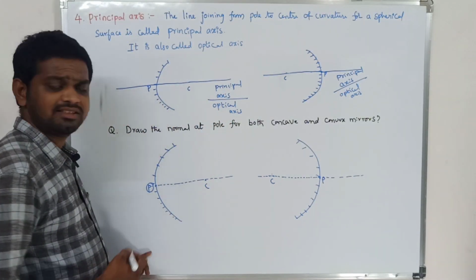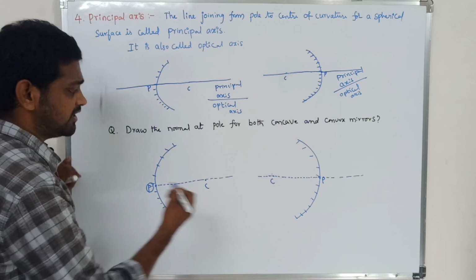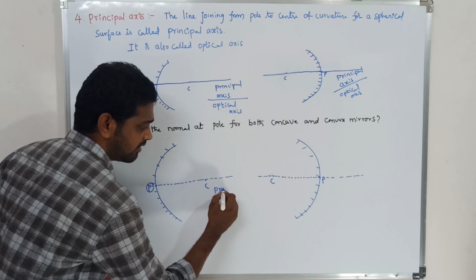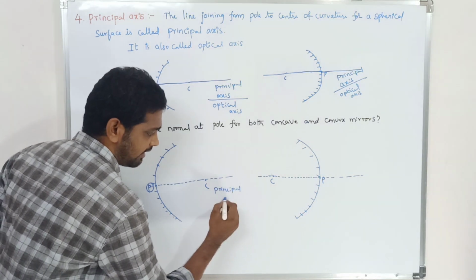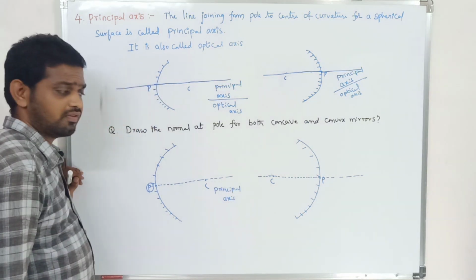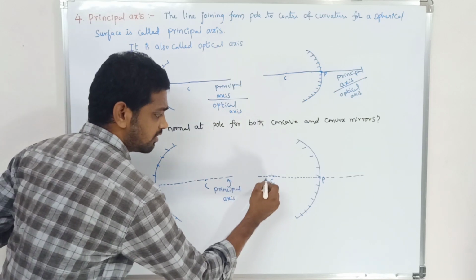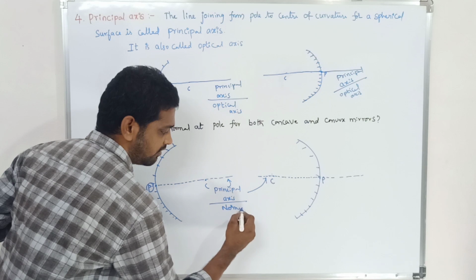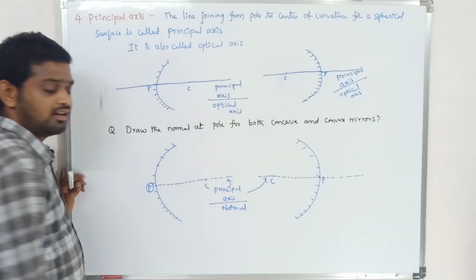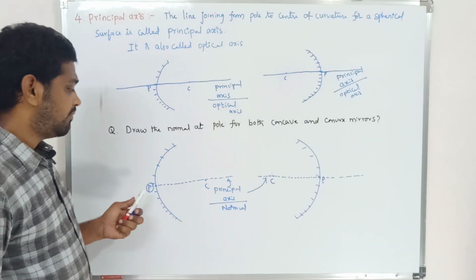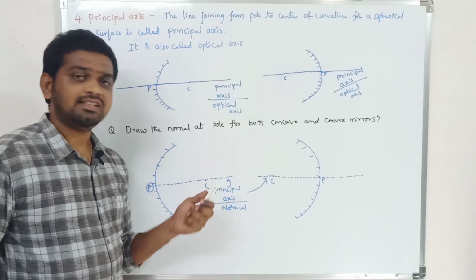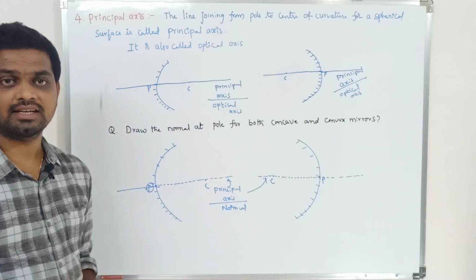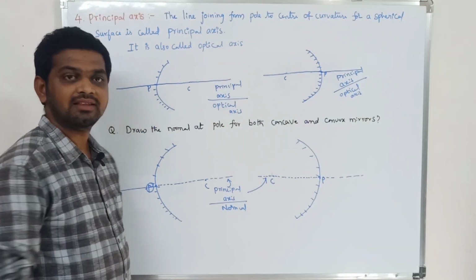So from this it is clear that the principal axis is also one of the normals in case of both concave and convex surfaces. Therefore, the principal axis is one of the normals at point P. Clear, children? Here I am going to apply the laws of reflection.